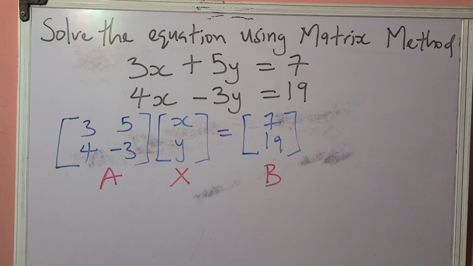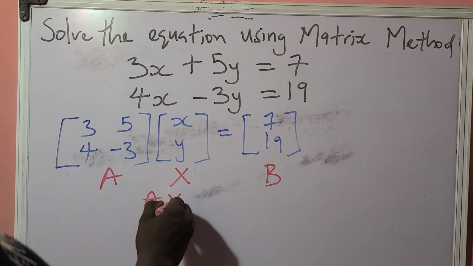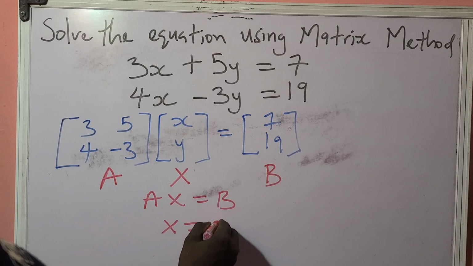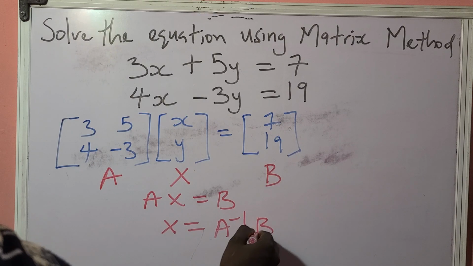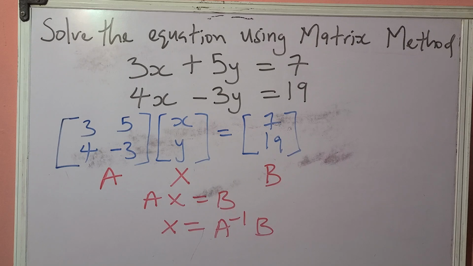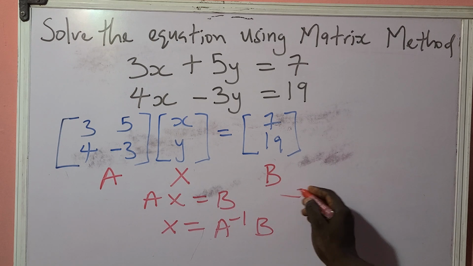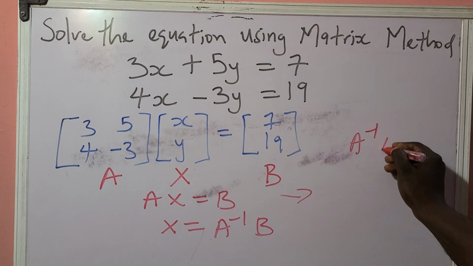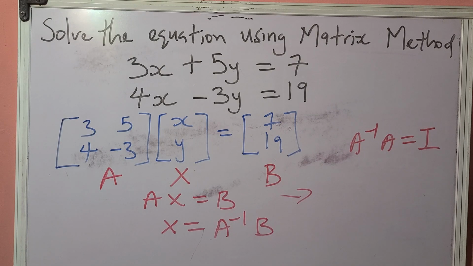All right, let's see the next step. We have A times X equals B. So what we have to do next is to bring out our matrix X, which will be equal to A inverse times B. Let me explain how we arrive at that. If you remember the concept of the inverse of a matrix, A inverse times A is equal to the identity matrix.